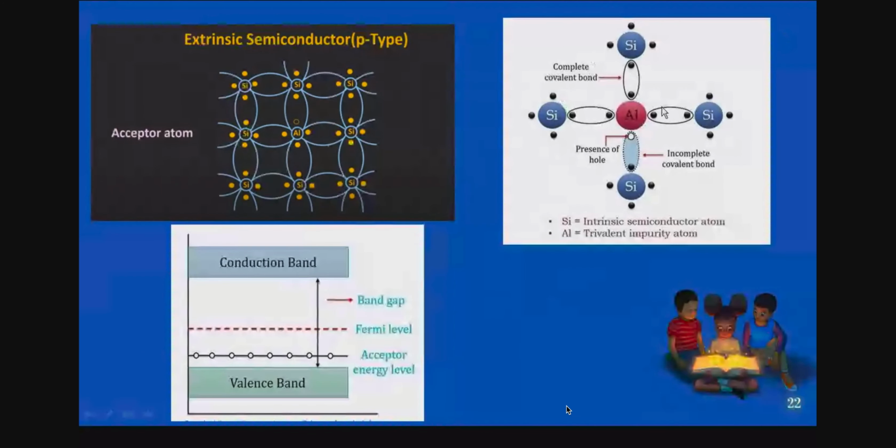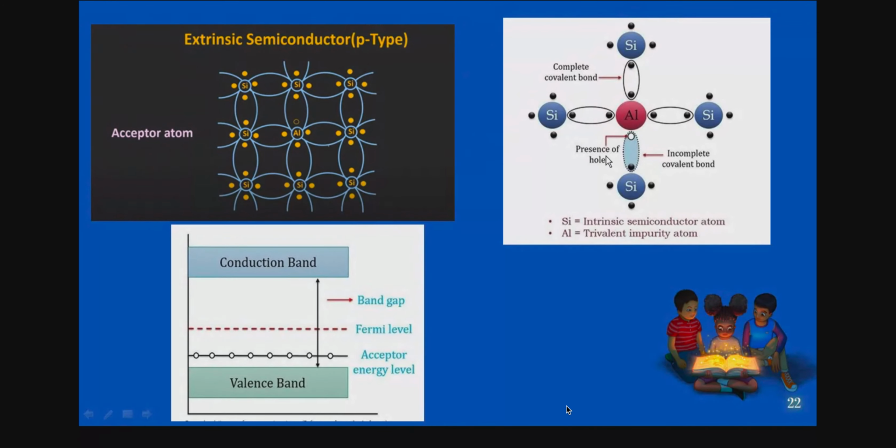Now if you have the clear picture, if I take the aluminum alone, see here. You can have one deficiency, that is the presence of a hole. There is no electron, we can say it is a vacancy. That vacancy you can say is a hole, that is a positive charge. So this is nothing but an incomplete covalent bond, right?